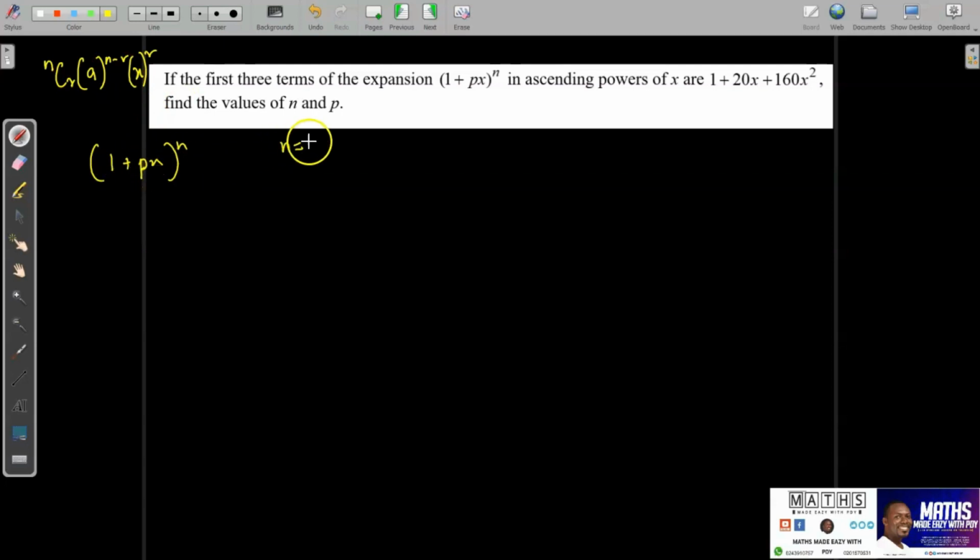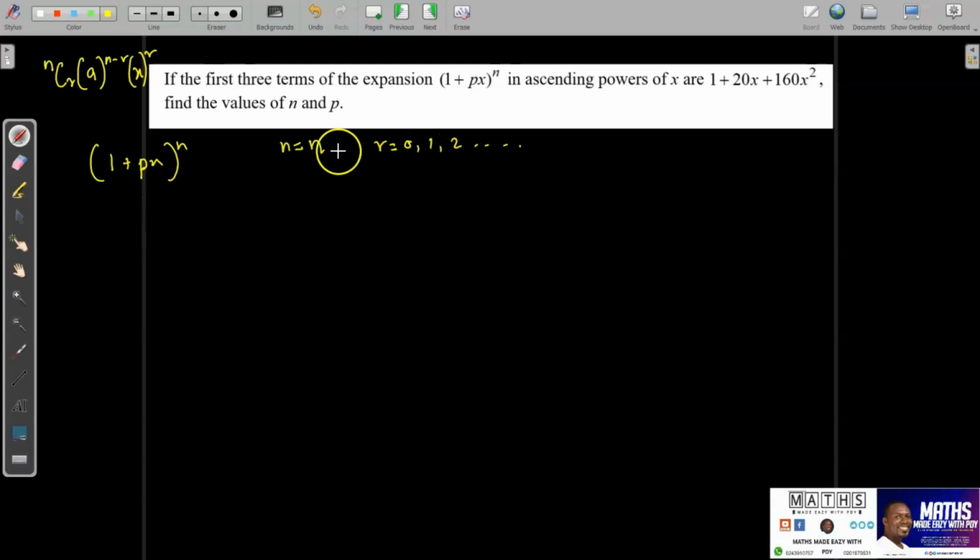It's still going to be n, right? Yes. But what will be the r value? We know the r value because the r value always starts from 0, 1, 2, and goes on and on. The r value being 0 means you are writing the first term. R value being 1, you are writing the second term. R value being 2, you are writing the third term. And then it goes on and on.